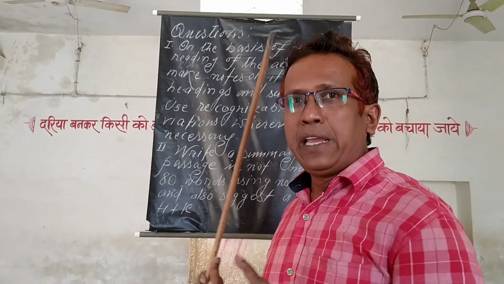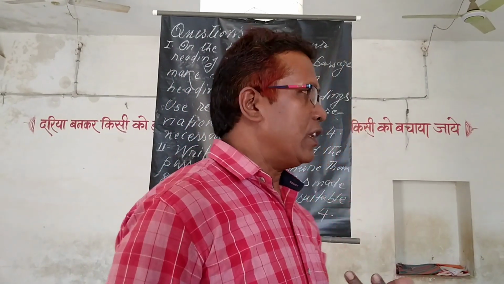First, you have to make a summary of the passage, and number 2, you have to give a suitable title or topic. So here we can see that the question has been divided into two parts. In part 1, you have to make headings and subheadings, and you should also give the abbreviations. And in number 2, you have to make the summary of the passage, and you should give a title.